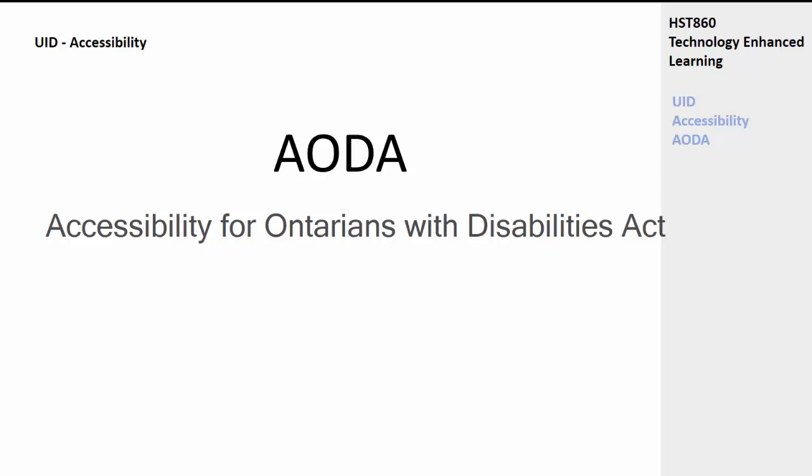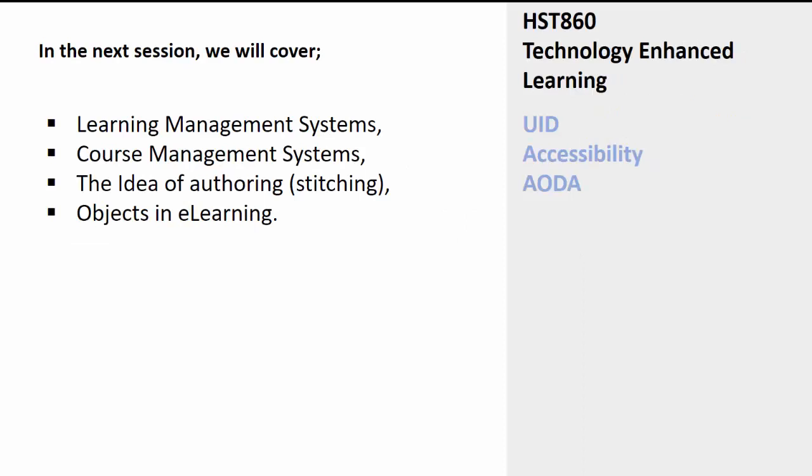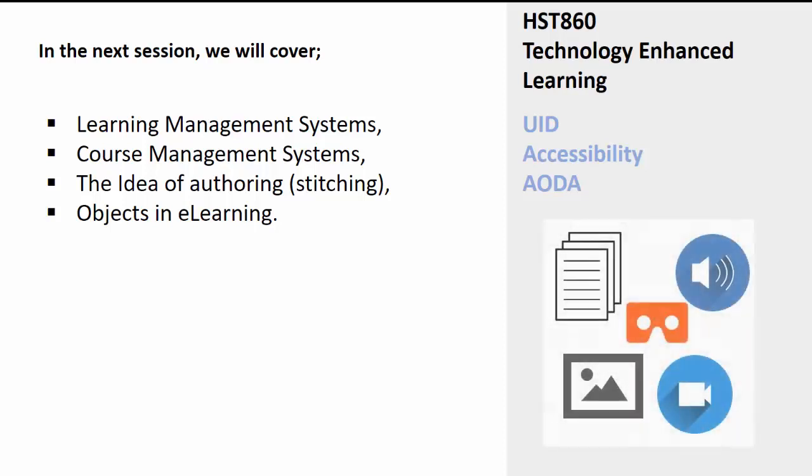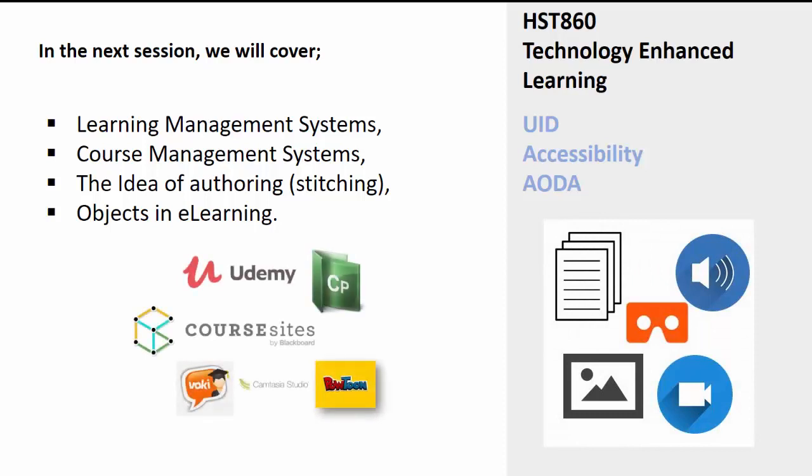Okay, we'll see you in the next session, where we will cover learning management systems, course management systems. Now, if you don't know what LMS, CMSs are, if you design e-learning where you don't need to track who's in, user IDs, passwords, how long somebody looked at certain content, who downloaded what, grade books.